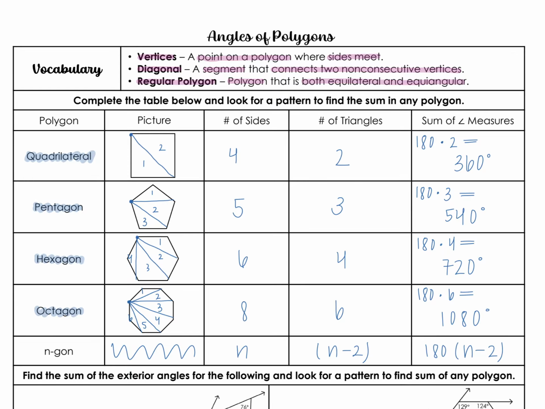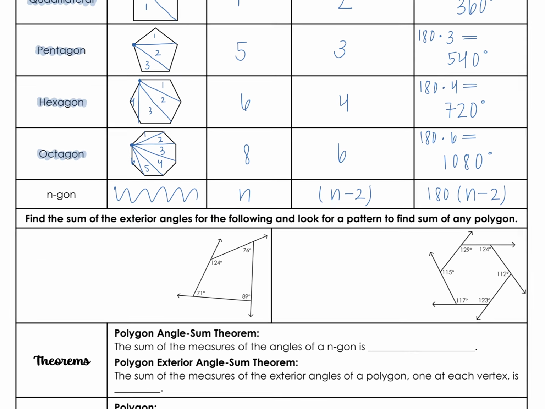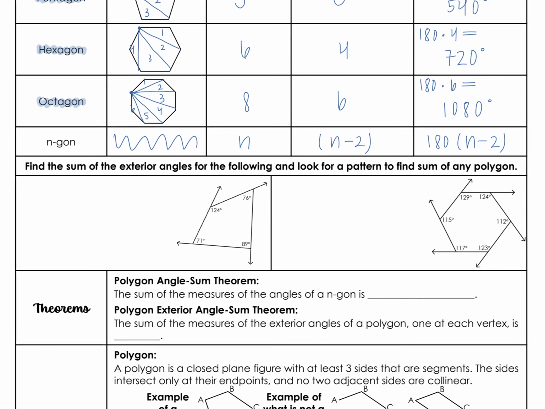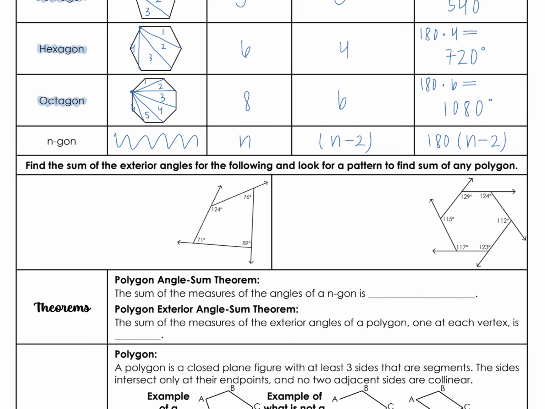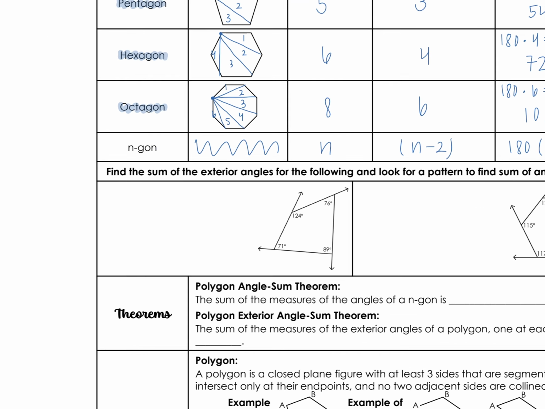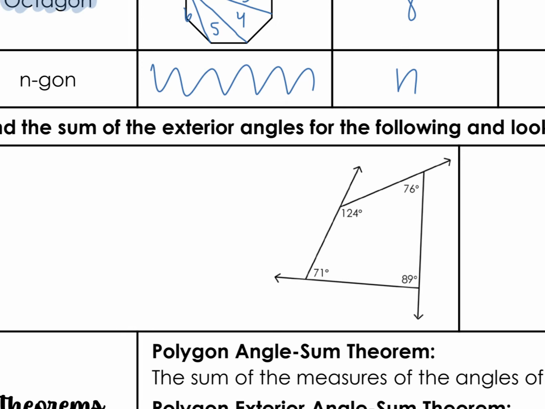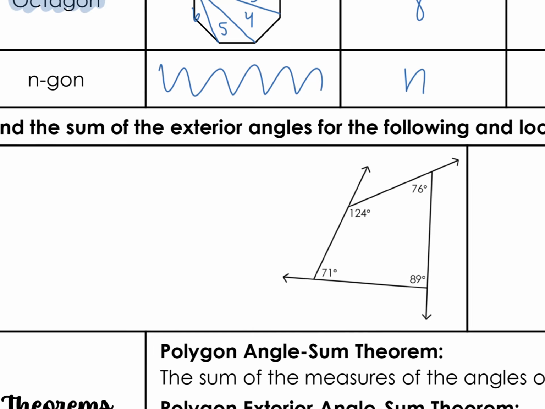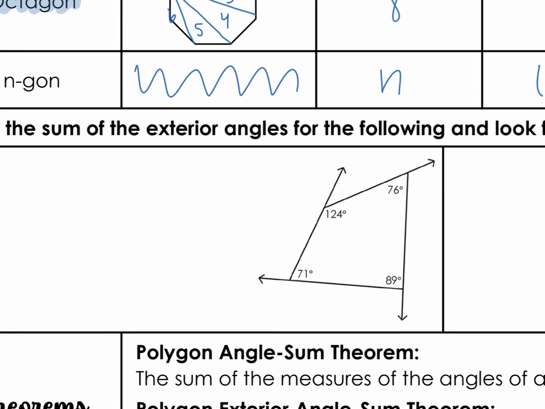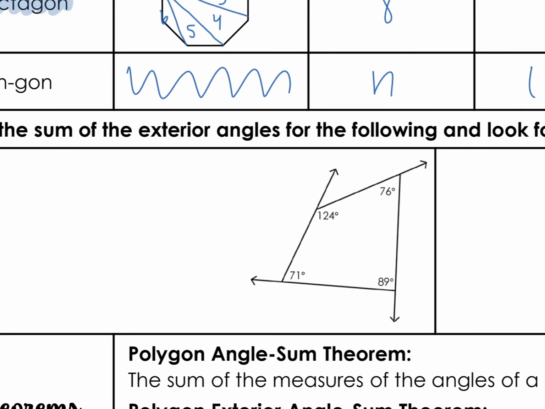Okay, so now let's move on to finding the sum of the exterior angles. This is another one where we've got a little bit of an explore, and then we'll fill it in officially below. Looking here, we are going to find the sum using this picture.